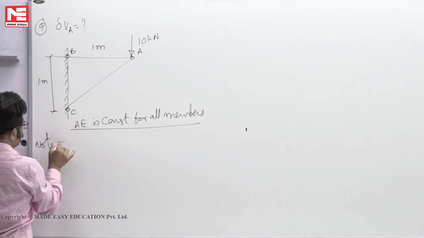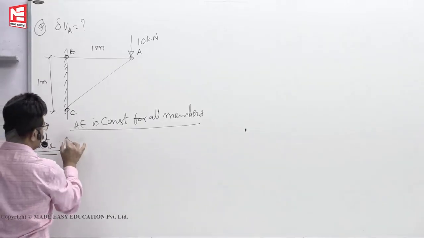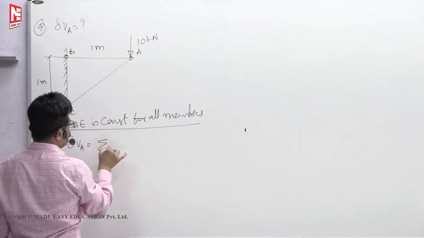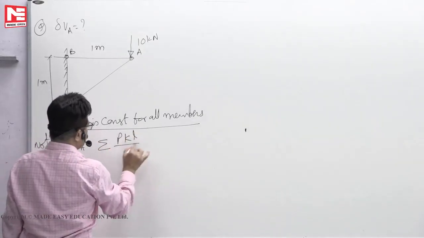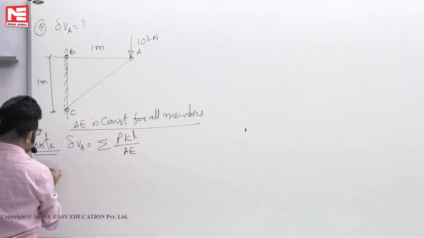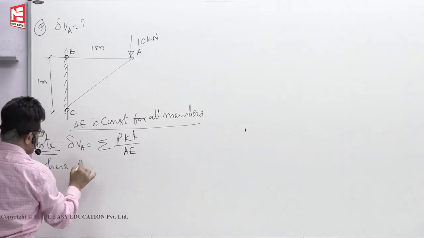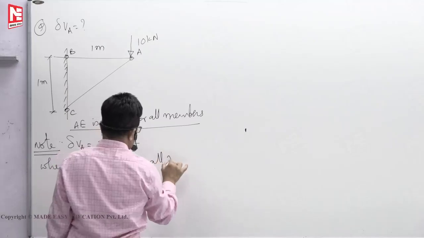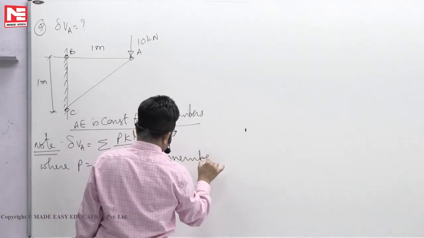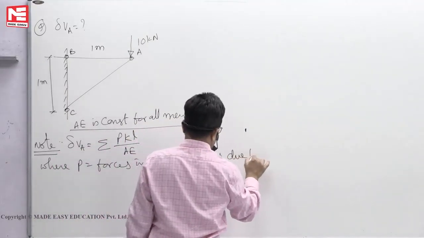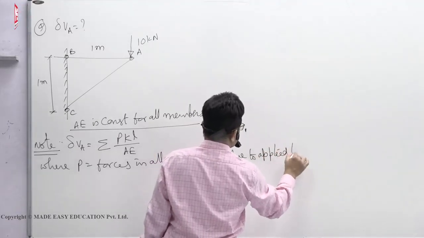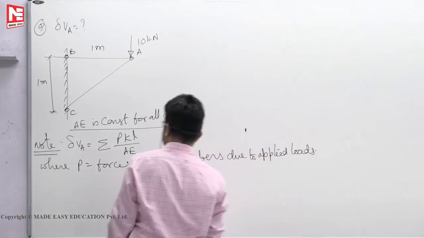First we will see what is the scope of the work involved. Delta VA, the vertical displacement of A, is the summation of PKL by AE, where P stands for forces in all members due to applied loads.